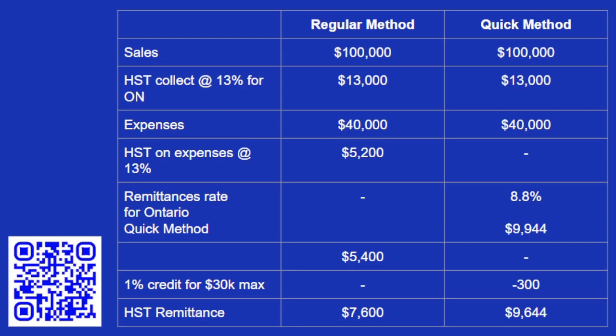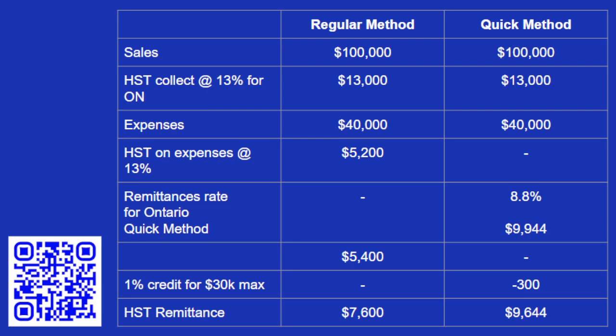Regular method, basically, you go into details. The amount that you have to remit to CRA is going to be $7,600. If you were to use the quick method, you would have to remit $9,644.